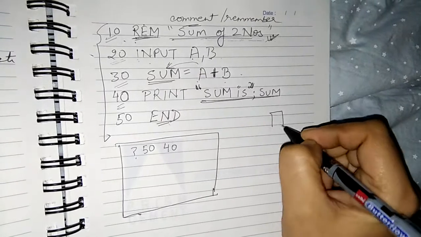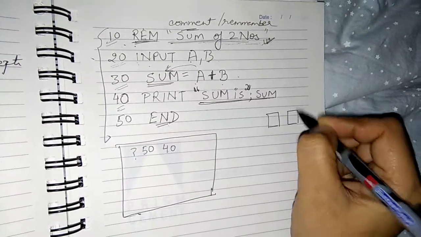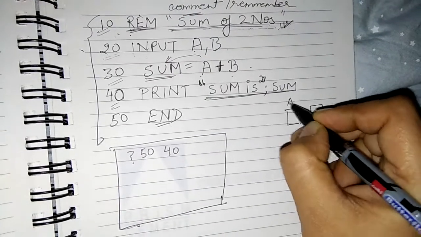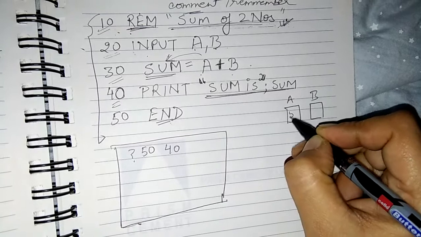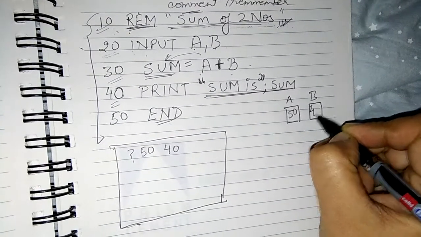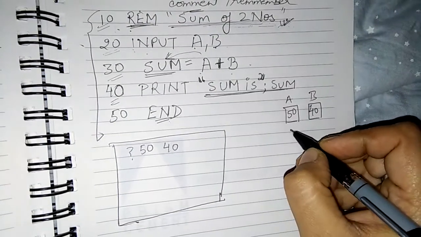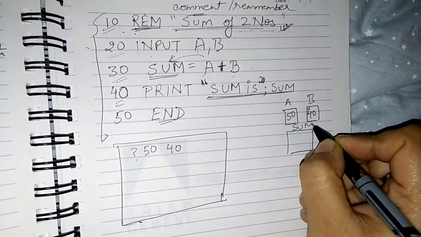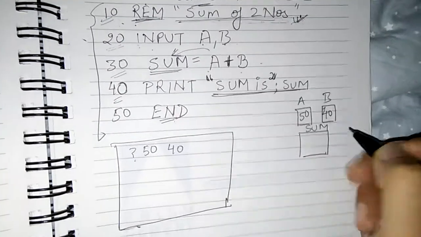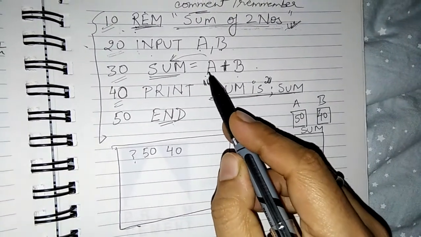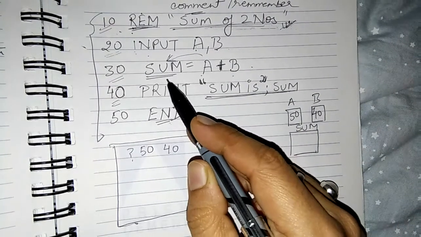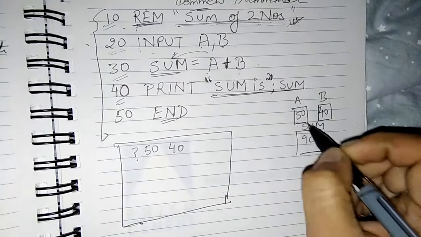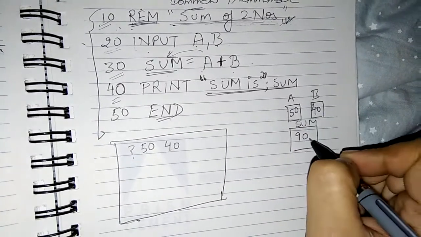In memory, two memories will be allocated, one for A and one for B, and in one 50 will be stored and in the other 40 will be stored. Then for another variable, sum, another memory is allocated, where 50 is added with 40 and stored in sum. 50 plus 40 means 90. Now these three variables are in the memory.